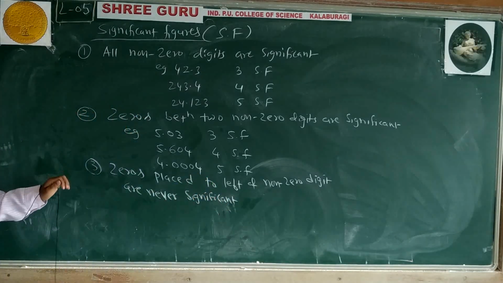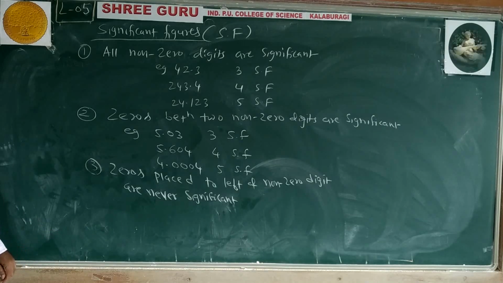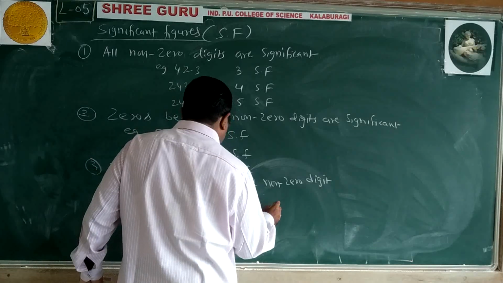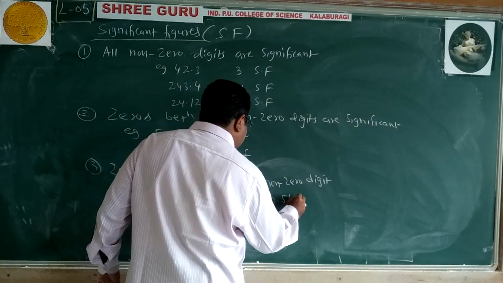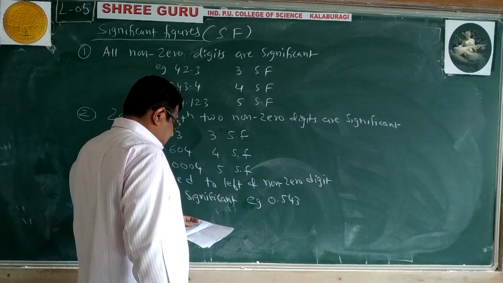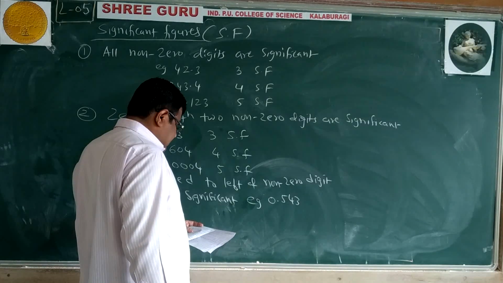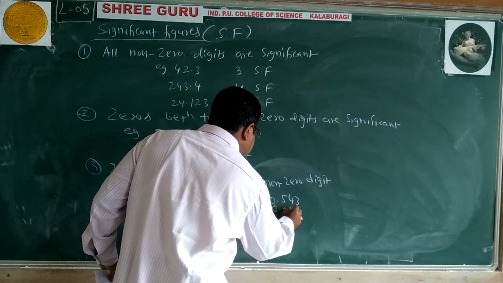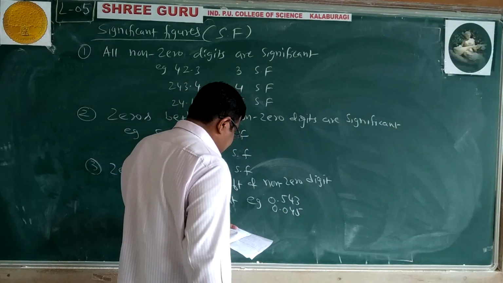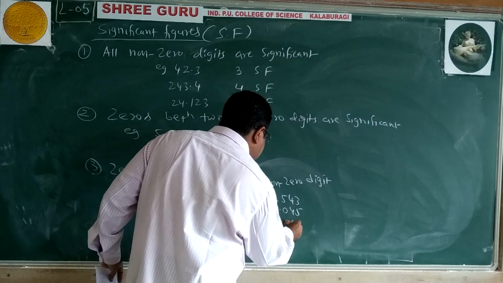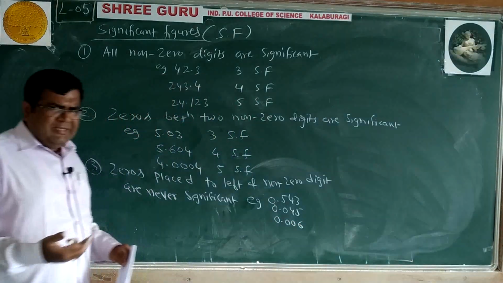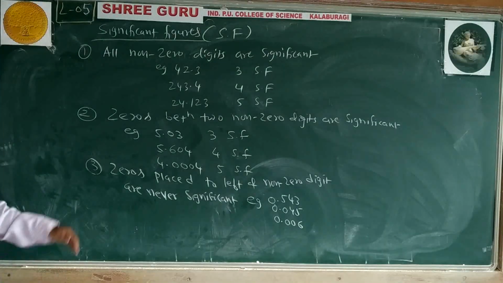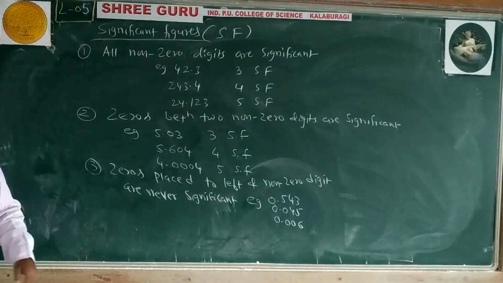We'll take examples of it. Example is 0.543, 0.025 or 0.045 and 0.006. We can take any number, that doesn't matter. Only there should be consistency between your example and this example. That's why I am giving that number.